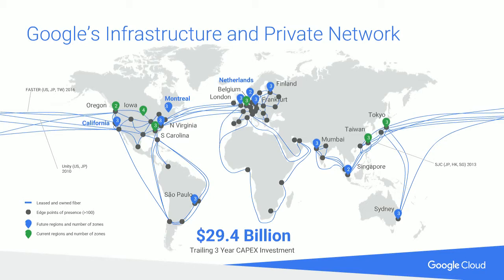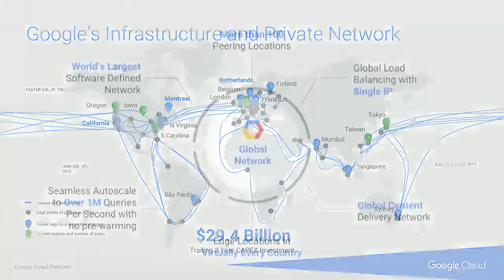So you can use a CDN. When you use global load balancers, you can route traffic based on geographical locations. There are a lot of knobs you can tune if you want to build a sophisticated application.